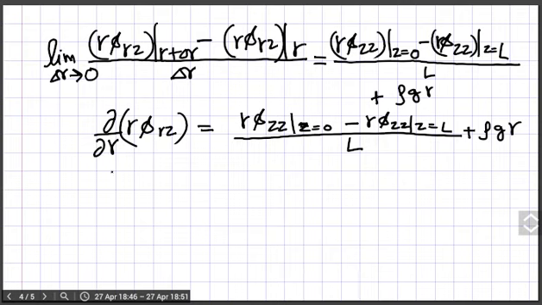Because there are 3 variables r, theta and z, you will write the partial derivative. You write dy dt when there are only 2 variables, but when there are more than 2 variables, you will write the partial derivative. Now we will simplify it more. First we will concentrate our attention on this flux.